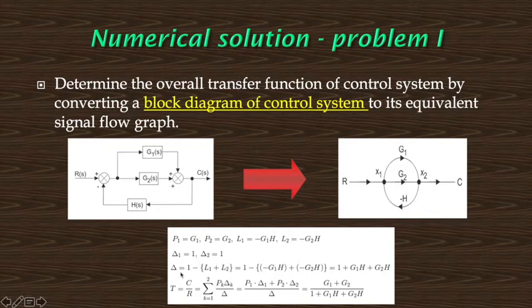Then calculate delta equal to 1 minus the sum of all individual loops. So the individual loops are L1 and L2. The formula is plus the sum of gain products of two non-touching loops, but there are no non-touching loops. So delta is equal to this value. Then the transfer function is equal to P1 delta 1 plus P2 delta 2 divided by delta. So this is G1 plus G2 by 1 plus G1H plus G2H.